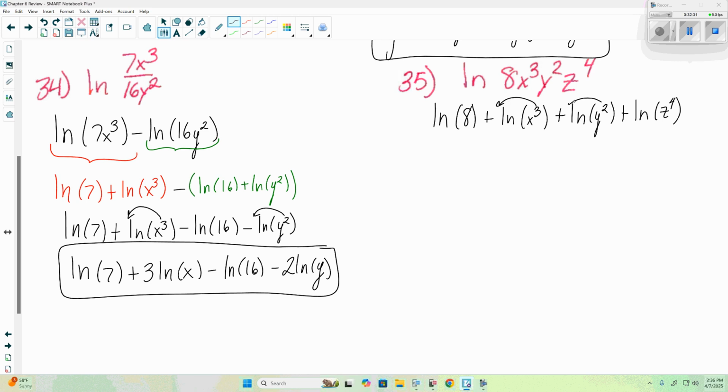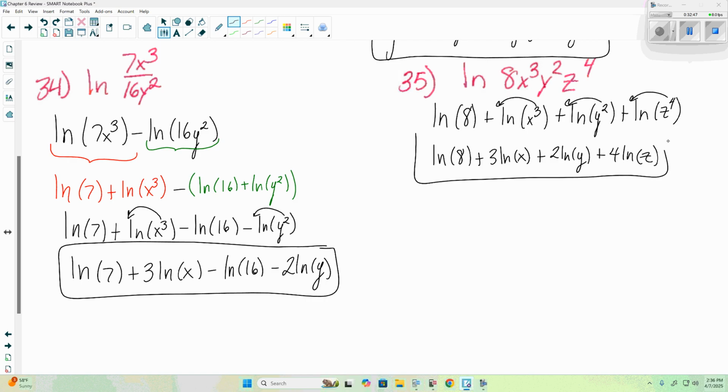And then move to powers. Natural log of 8 plus 3 natural log of x plus 2 natural log of y plus 4 natural log of z. And just like with the natural log of 16, with the natural log of 8 we could simplify 8 to 2 to the third and simplify it that way, but we'll leave it as natural log of 8. Don't have to simplify it any further than that.